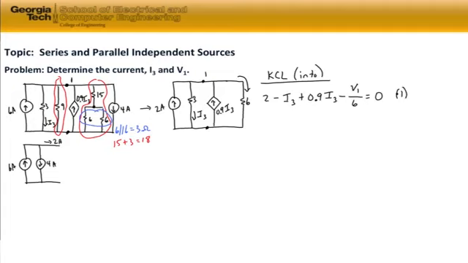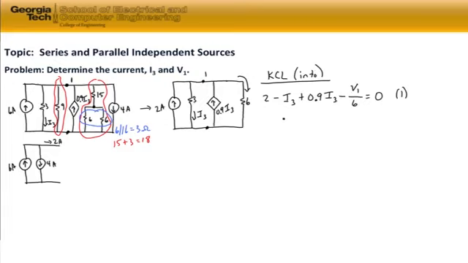Equation number 1 has two unknowns, I sub 3 and V sub 1. So we need another independent equation so that we'll have two equations along with our two unknowns to solve this circuit. We notice that we have a relationship between the nodal voltage and I sub 3 through the 3 ohm resistor.